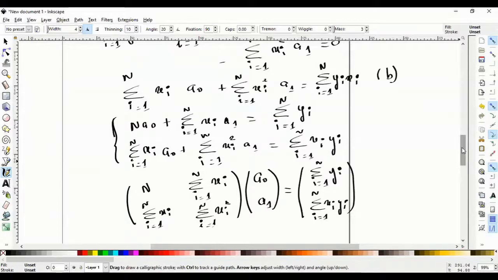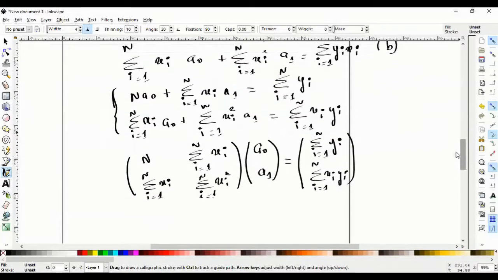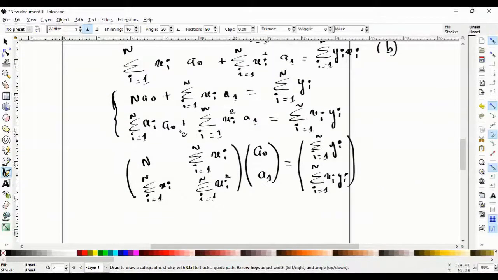So solving this system of equations, you can get a0 and a1.